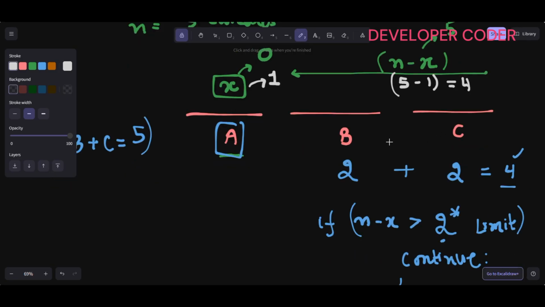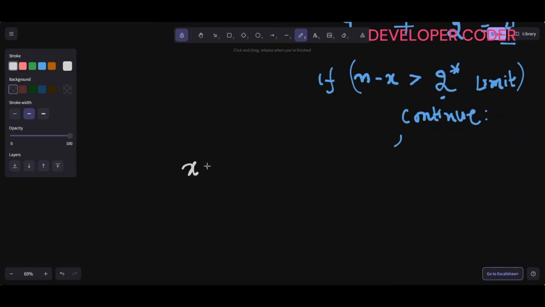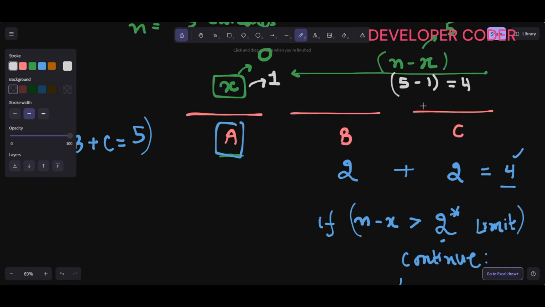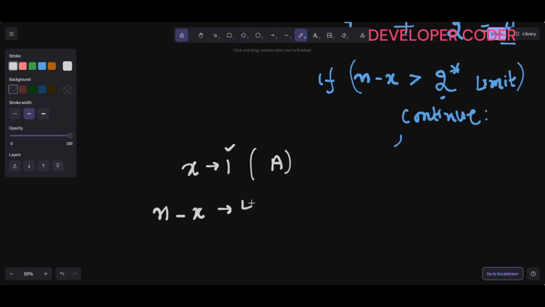So in this case my x value is 1, so for child A I'm giving 1 candy. Now the remaining number of candies, n minus x, its value is coming out as 4, and I want to distribute this 4 to child B and child C.